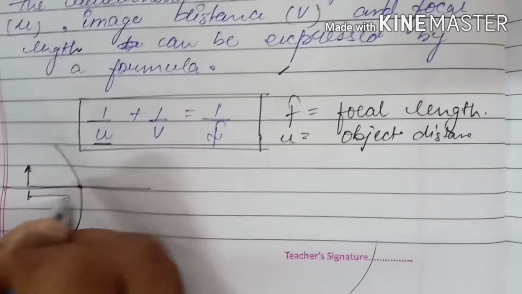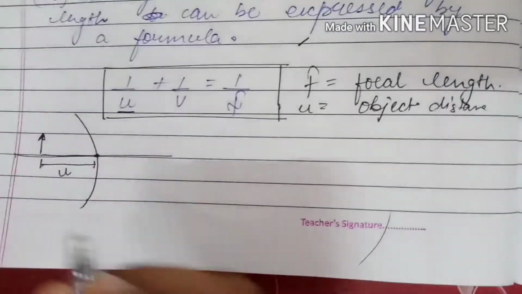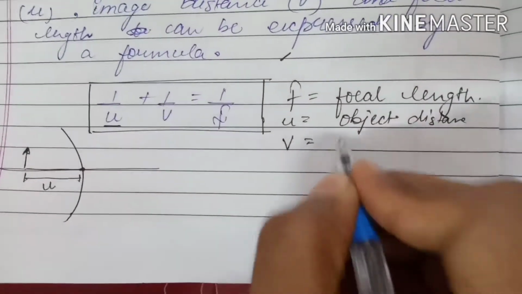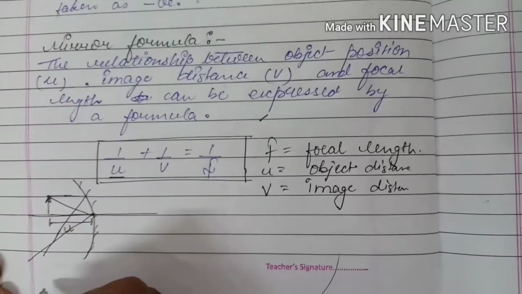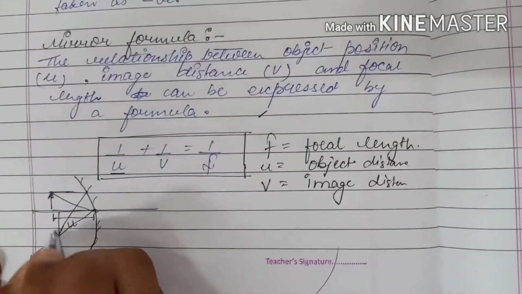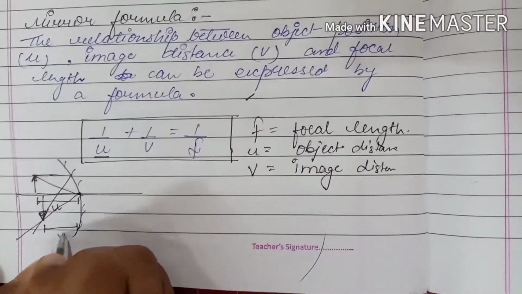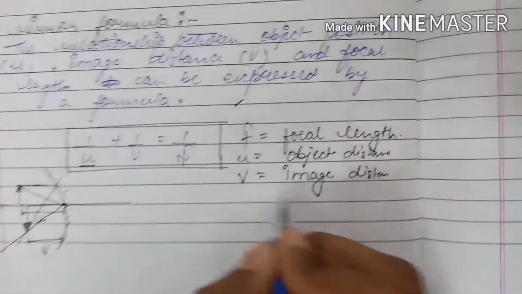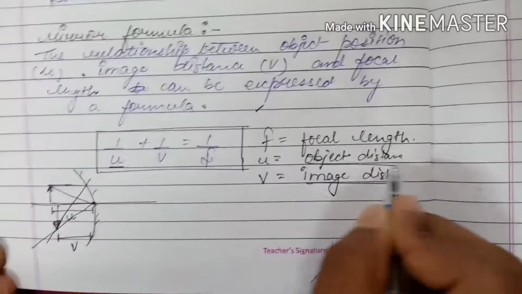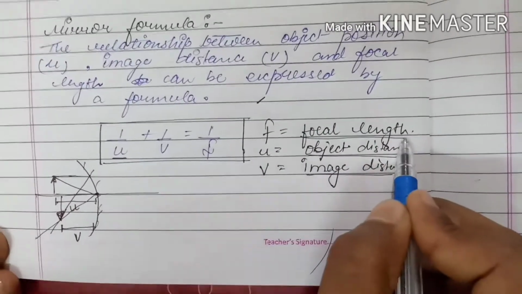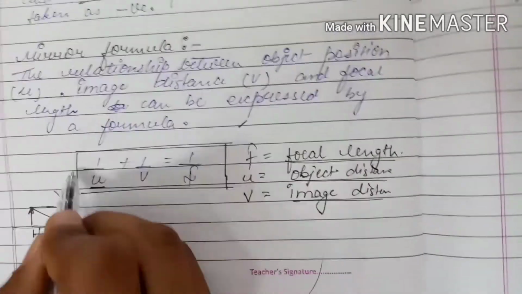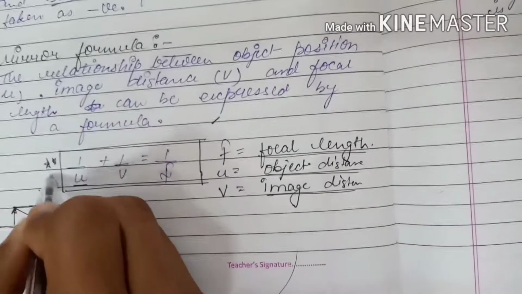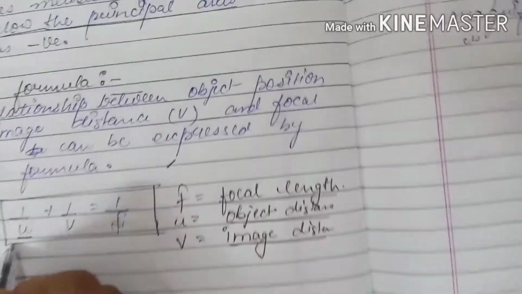This part will be u, and v is the image distance. So the image will be here, and the distance from the image to the pole will be v. So v is the image distance, u is the object distance, and f is the focal length of the mirror. This is the formula which is known as the mirror formula. You have to learn it by heart.